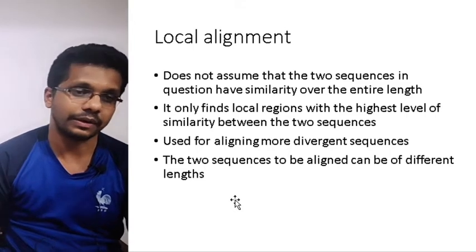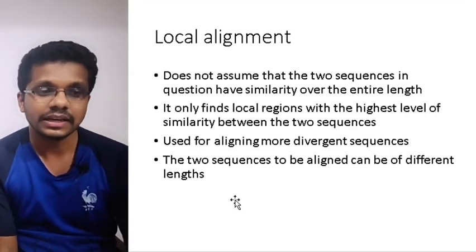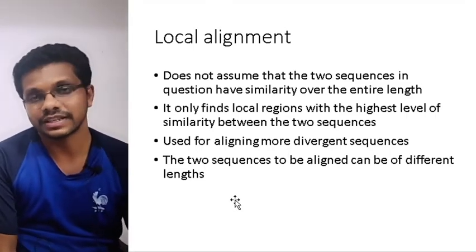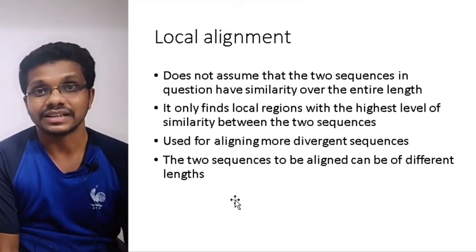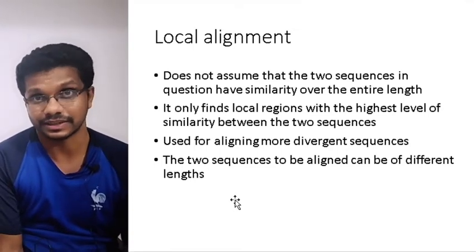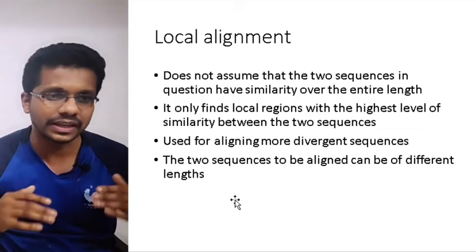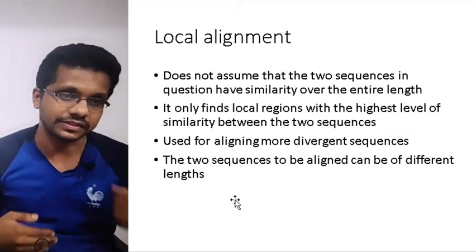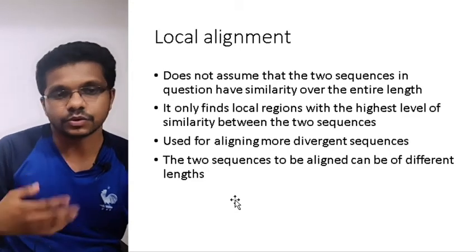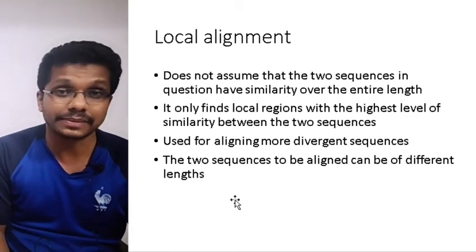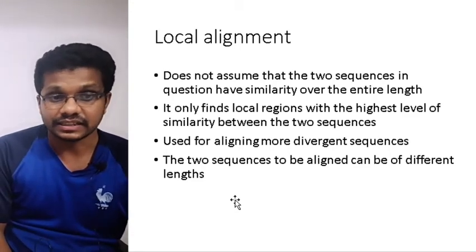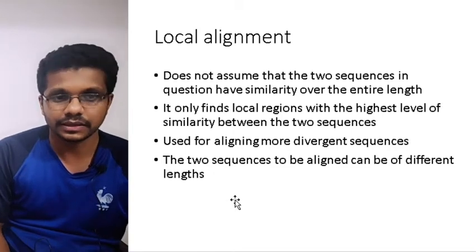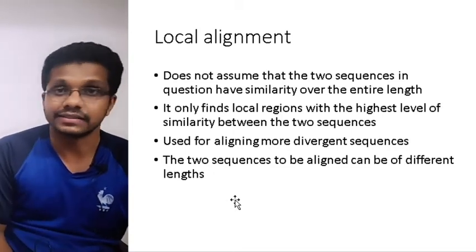To give a few more details, the local alignment does not assume that the two sequences are of similar length. It is of different lengths. One is bigger, another is smaller, and we want to find the best local fit between these two sequences. It finds only local regions of highest similarity, and it is used to align divergent sequences.